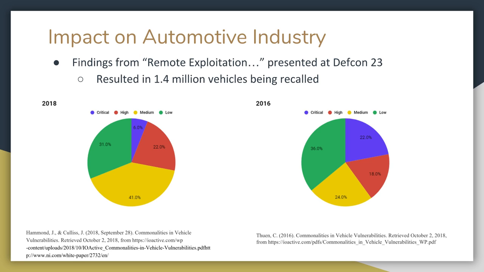This shows you that automotive manufacturers have noticed the research and they have made strides in mitigating these vulnerabilities and making their vehicles safer. Granted, the safety high concerns have gone up, but the one that people are mainly concerned about, and rightly so, is the critical section.